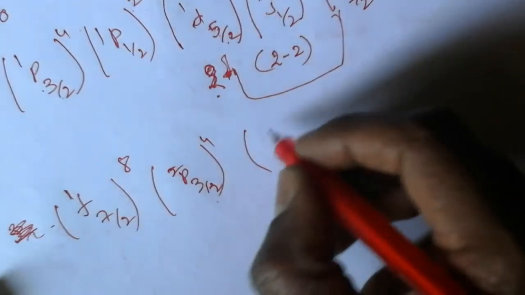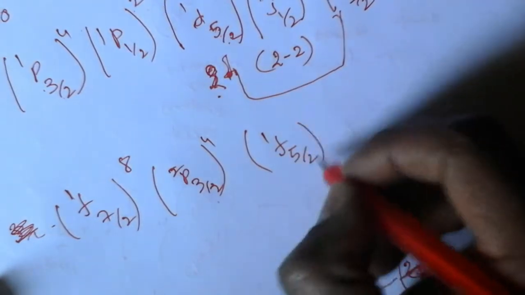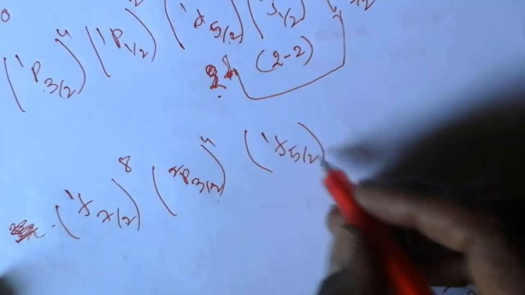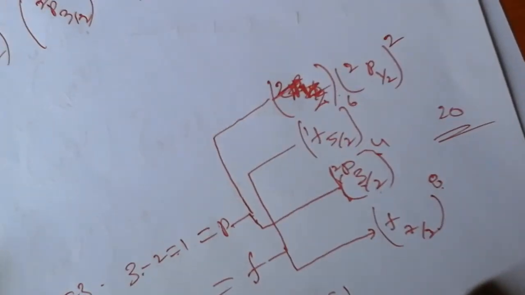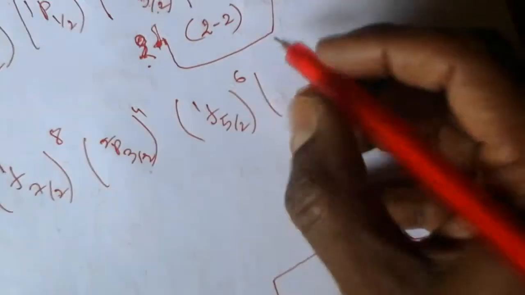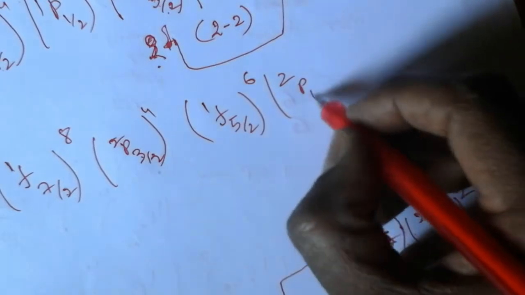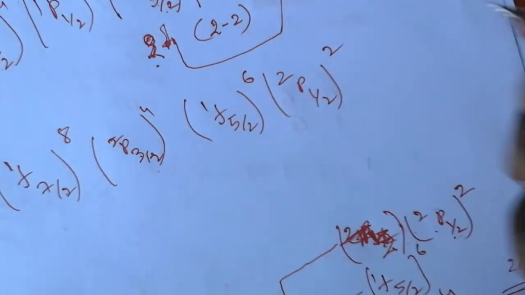Next 1f 5 by 2, 7 by 2 minus 1, 5 by 2 whole power of 6. Next again 2p 1 by 2. 2p already we got 3 by 2, so 1 by 2 square.